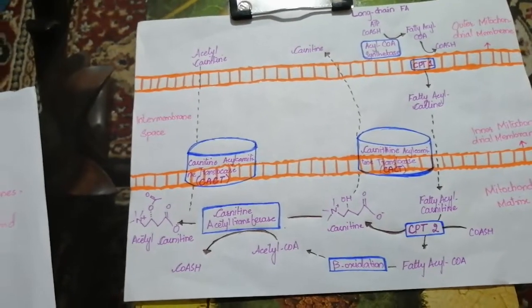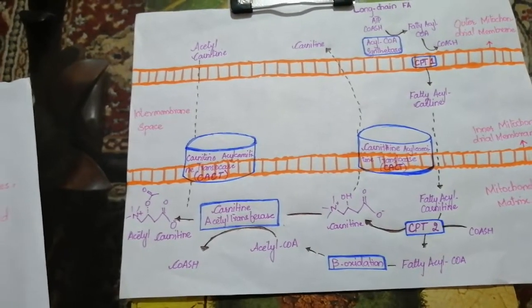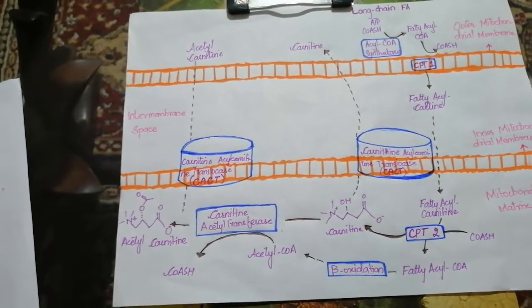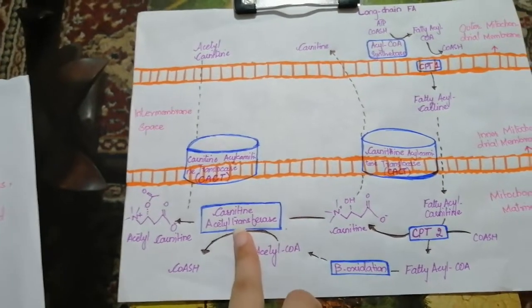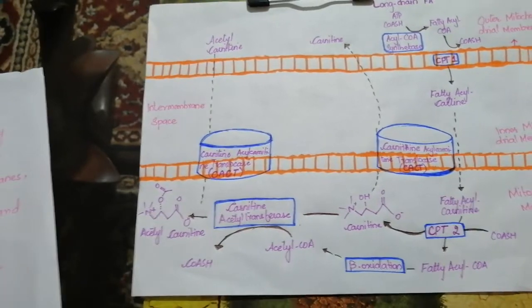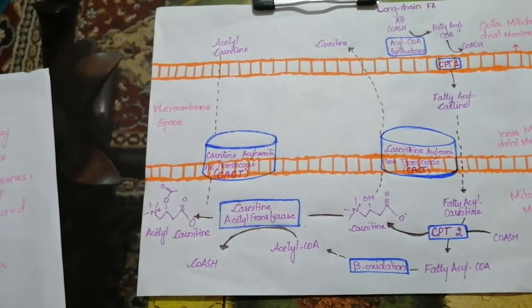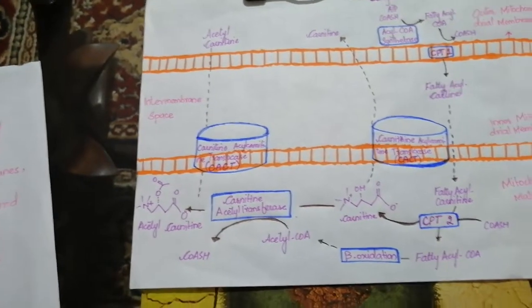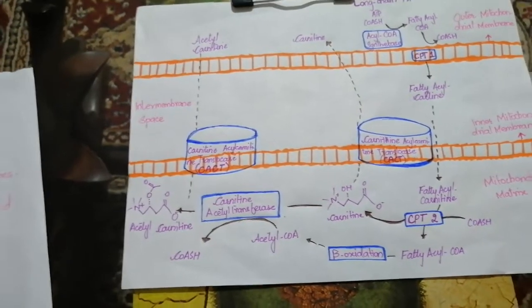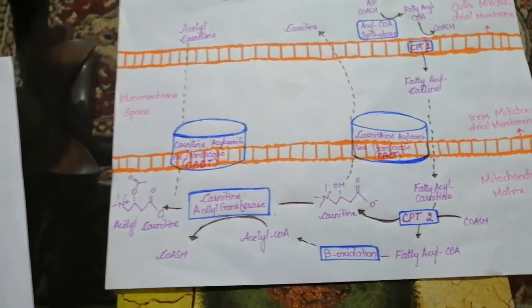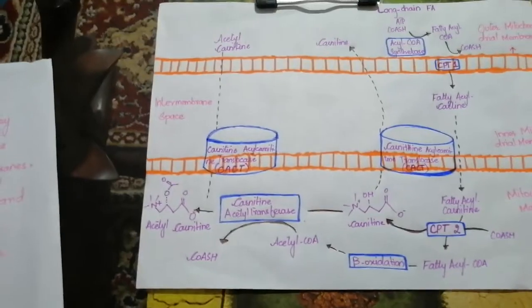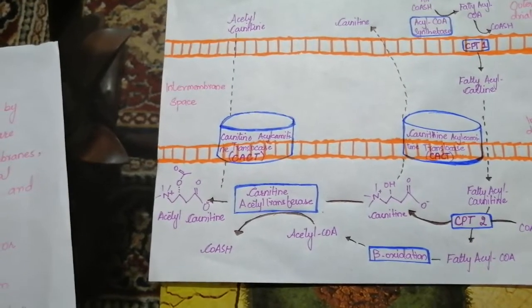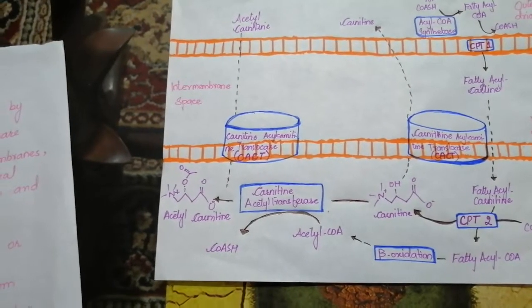Carnitine can be regenerated in another way by the carnitine acetyl transferase enzyme, which is present here. This enzyme takes the acetyl group from the acetyl CoA from the beta oxidation and moves it to the carnitine.